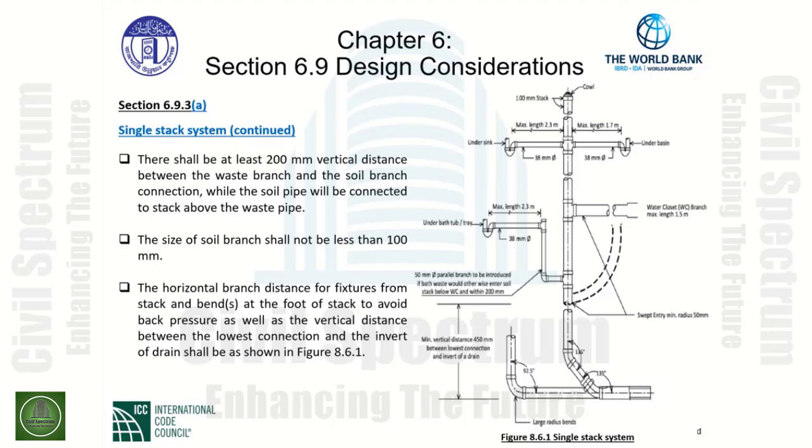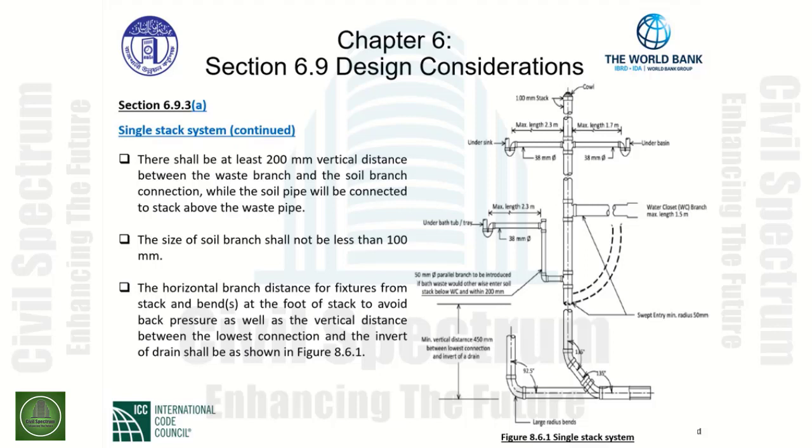as well as the vertical distance between the lowest connection and the invert of drain, shall be as shown in figure 8.6.1. As we can see, according to that figure, we have, in fact, the distances indicated as such. We have the 200 millimeter distance indicated under the bathtub.